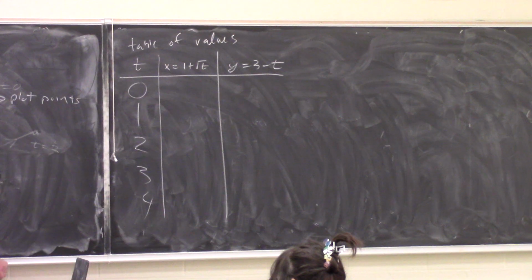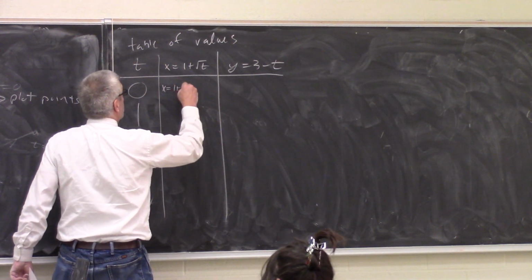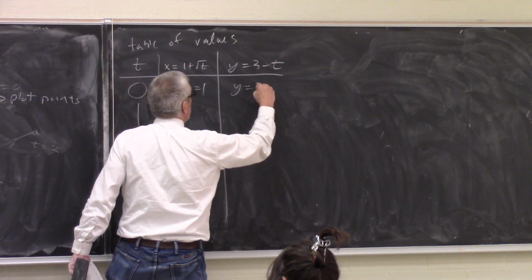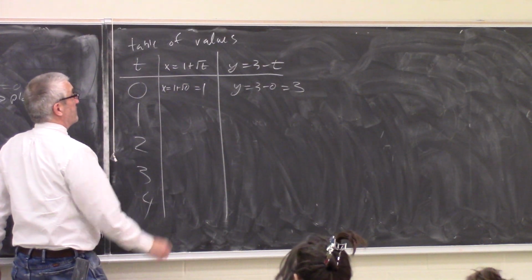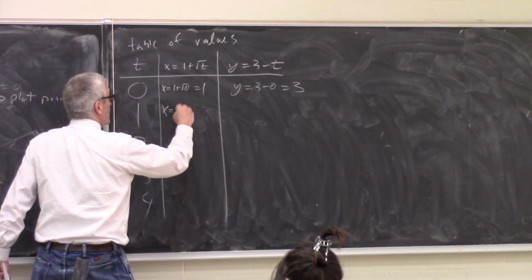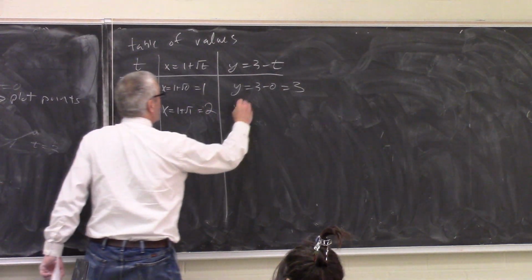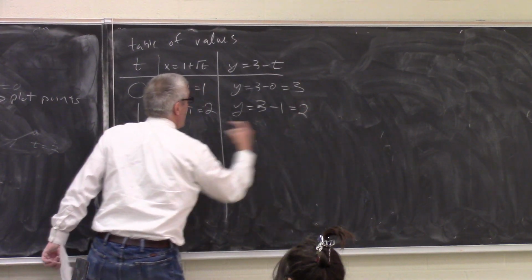When t is 0, x equals 1 plus square root of 0, so that's 1. y equals 3 minus 0, so y is going to be 3. When t is 1, x is 1 plus square root of 1, that's going to be the number 2. y is going to be 3 minus 1, that's going to be 2.